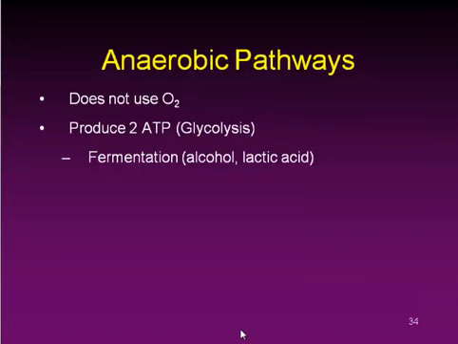So your muscle cells start undergoing a form of anaerobic respiration. It's also a form of fermentation. Of course, we're not making alcohol in your cells. Instead, you're making a different substance called lactic acid. So lactic acid is actually the byproduct of anaerobic respiration occurring in your muscle cells.